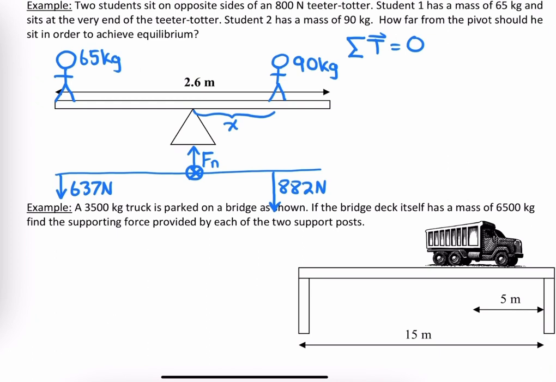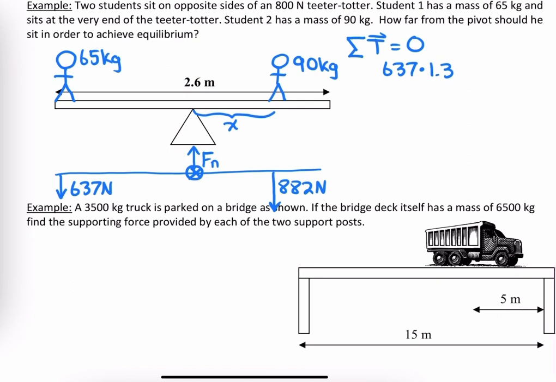So let's look at these forces and see the torques they create. I've got a force of 637 newtons at a distance of half the length of the teeter-totter, so 1.3 meters from the pivot. So 637, that's my force, distance of 1.3 meters. And is that guy going to create a positive or a negative torque?